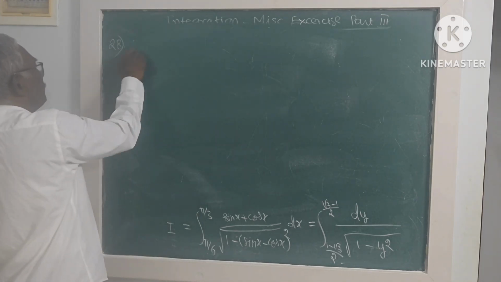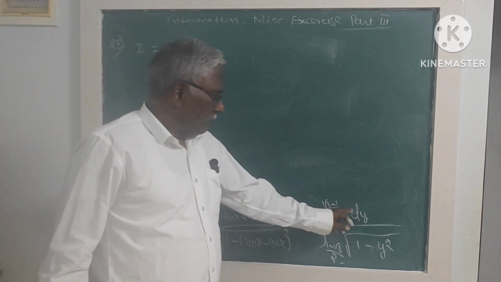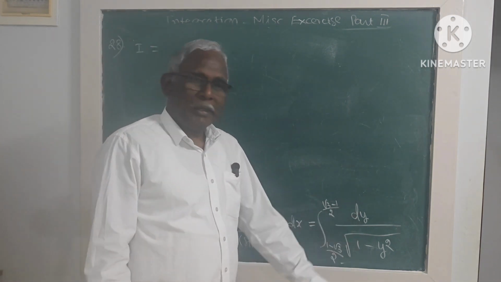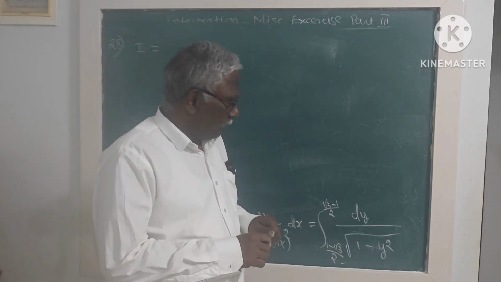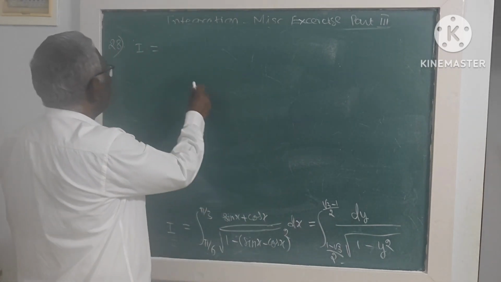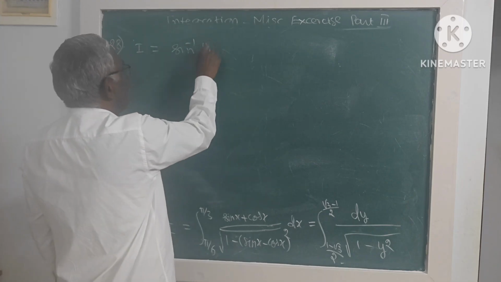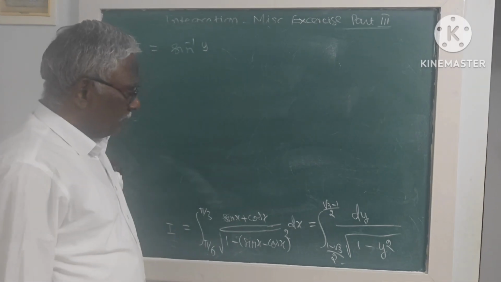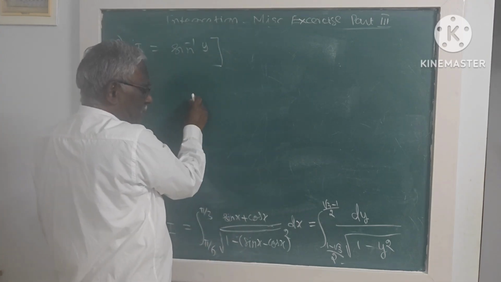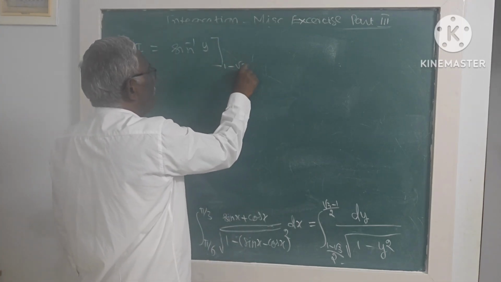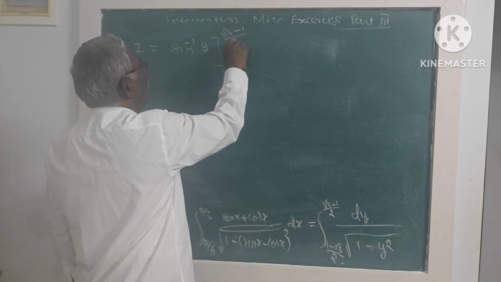Therefore, I is equal to, what is the integral dx by square root of a square minus x square? That is nothing but sin inverse x by a. So this will be sine inverse y by 1, where y is from 1 minus root 3 by 2 to root 3 minus 1 by 2.